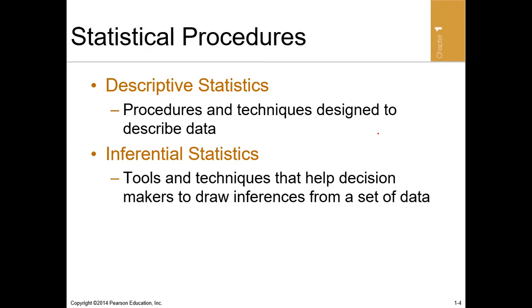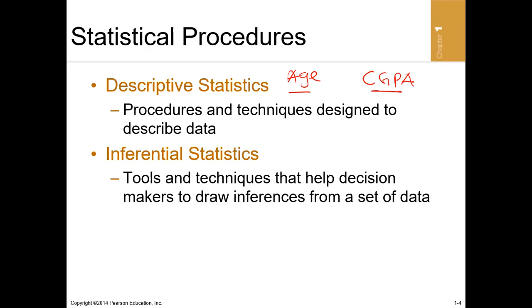So for instance, in a class, if you collect data on the age of students and you collect data on their academic performance in terms of their CGPA, if I'm just describing their age and their CGPA, I can just say that on the average, this is their age, and on the average, this is their CGPA, all right?